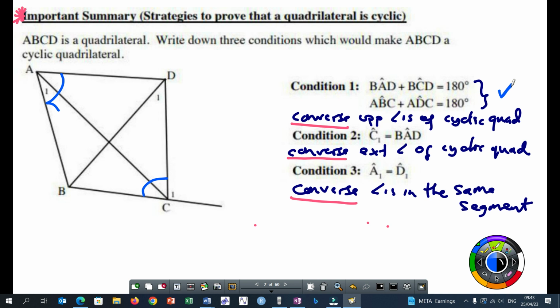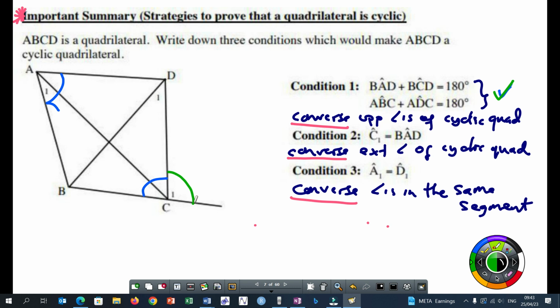So that's the first way to prove that a quadrilateral is cyclic. Another way is to prove that an exterior angle of the quadrilateral, because in this case you won't be told that the quadrilateral is cyclic, and sometimes it won't be inside a circle, it can be outside, or it can be inside the circle but the vertices won't be on the circumference.